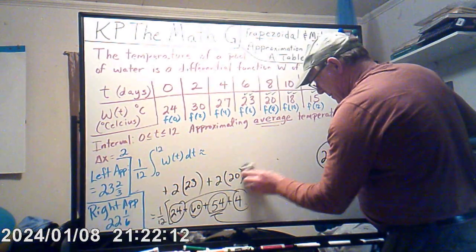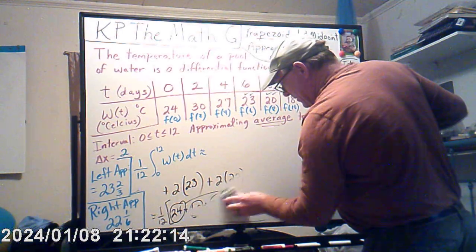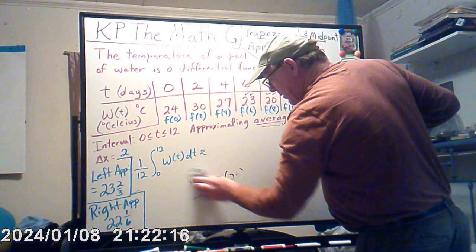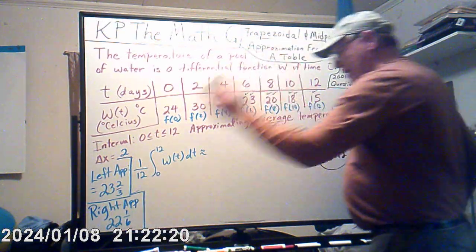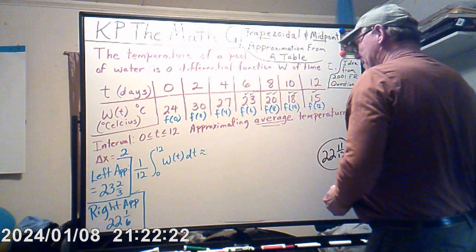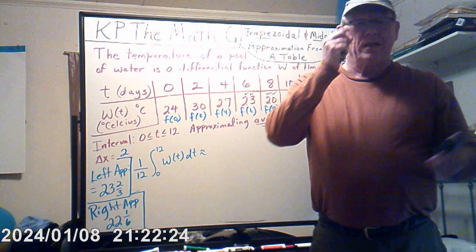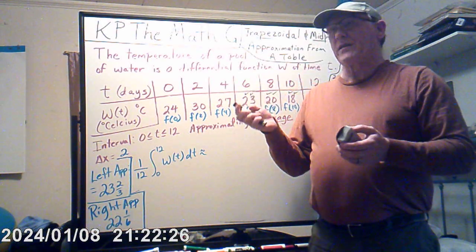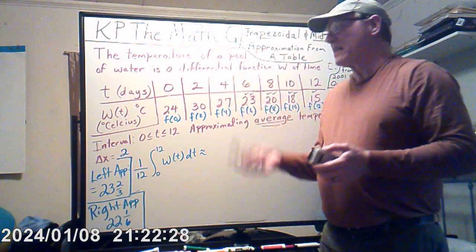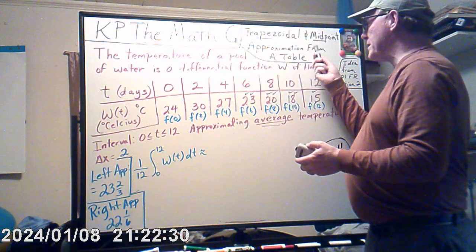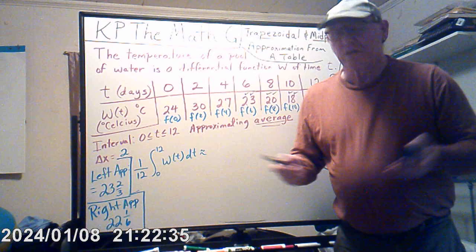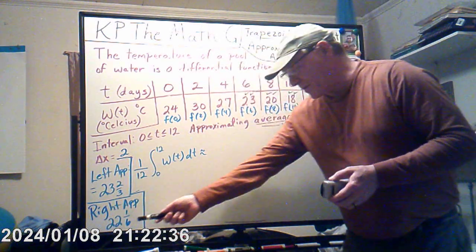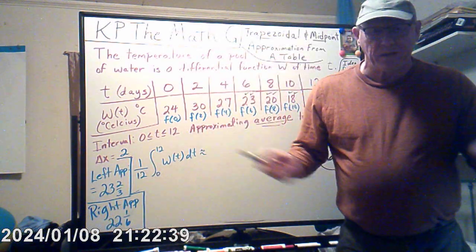Anytime you have a table, you're going to be asked to find an approximation. They're going to ask you left, right, trapezoidal. I looked it up today. In 2001, this was a 2001 question, I used different numbers, I said that from my last video, they wanted a right approximation. That's all you got to do is a right approximation.